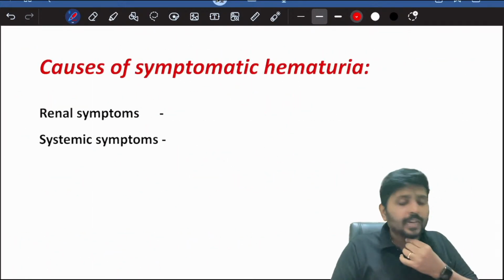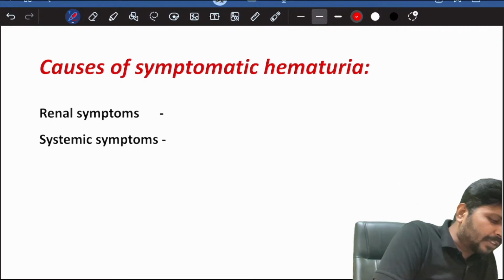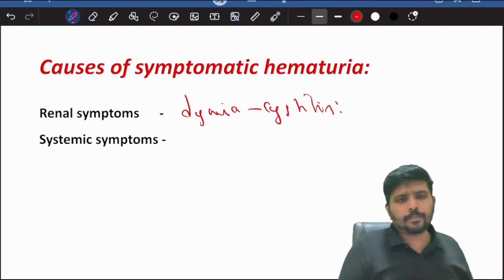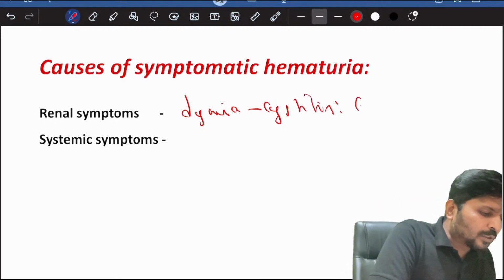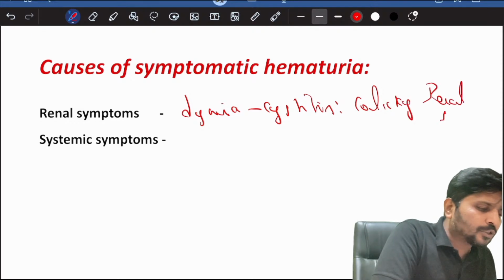Now look at the causes for symptomatic hematuria. If it is associated with dysuria, it can be due to cystitis, inflammation of the urinary bladder. If it is associated with severe pain, it can be due to renal stones.